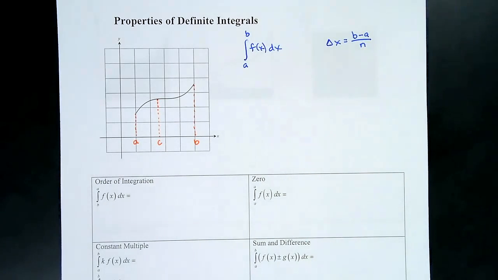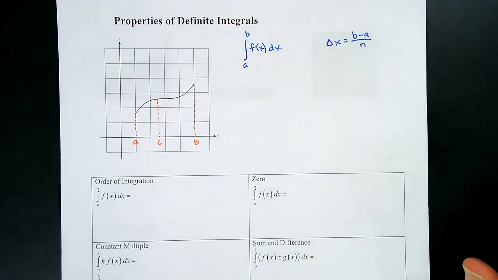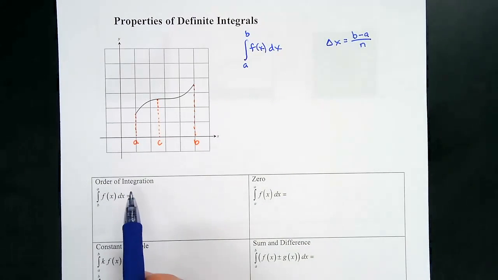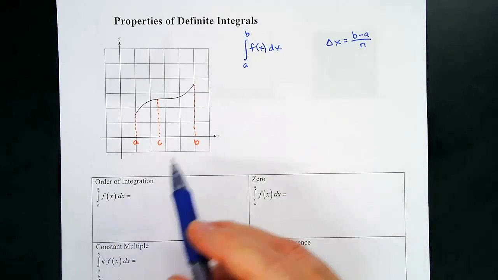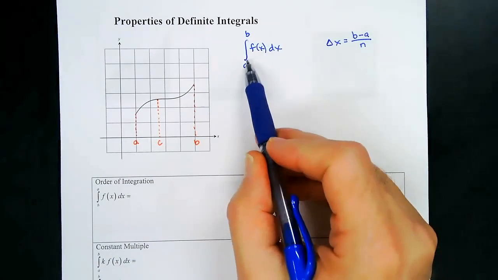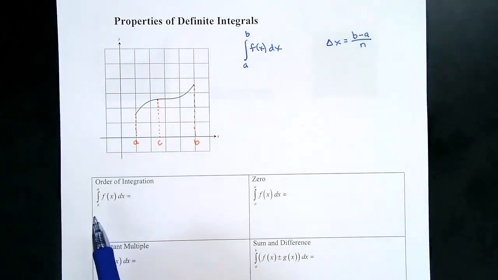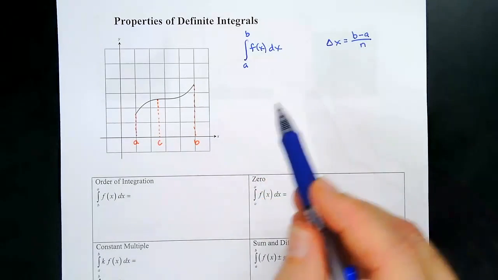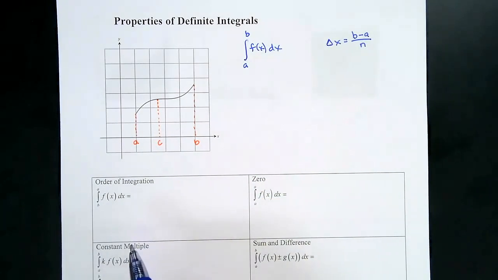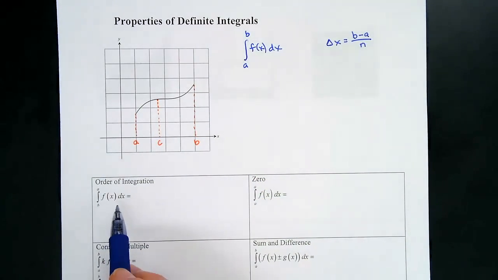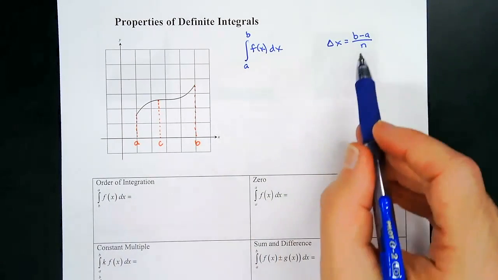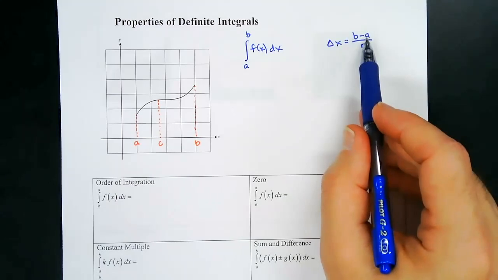All right, so this is one of the first properties that we're going to use a lot on the homework, and it's this one. It's the order of integration. So notice we're starting at a and we're going to b. That's how we read it, right? But if you look at this one, they've switched. So now we're going this way. So now, to figure out what this integral is, our delta x becomes a minus b, which will become a negative value.